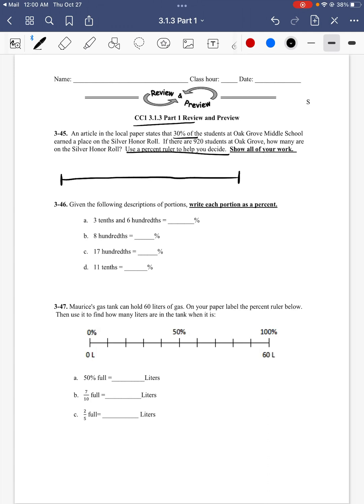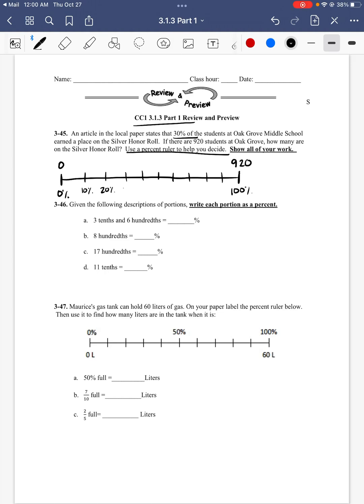So a percent ruler looks kind of like a number line. I have 0 and 100%. And on the other side, I have my 0, but I also have my whole, which in this case is 920 students. And then typically, I break it up by percents.